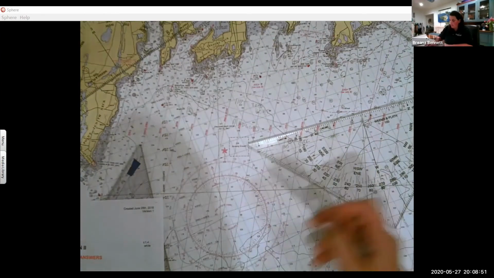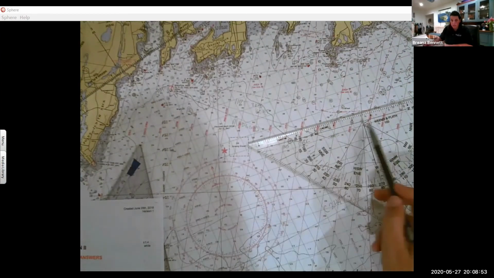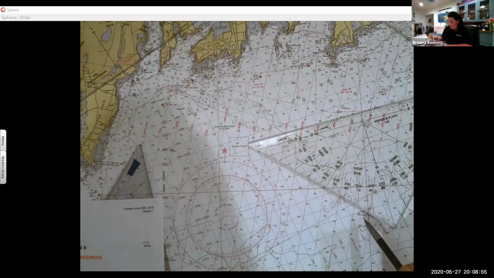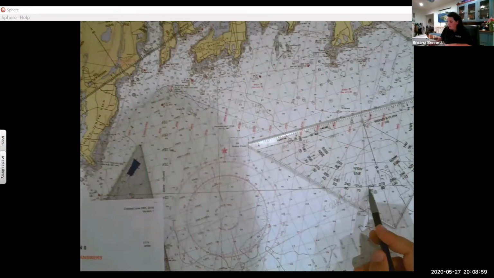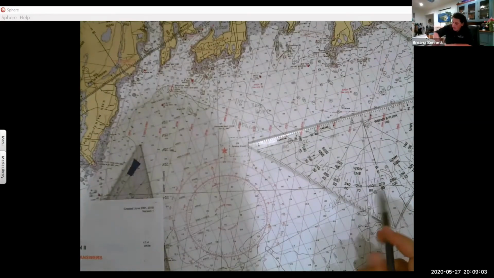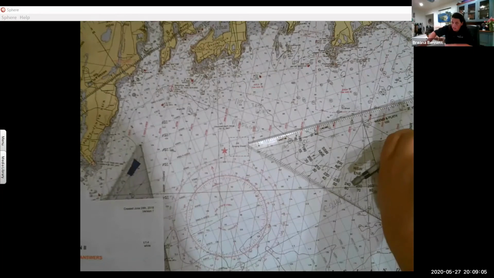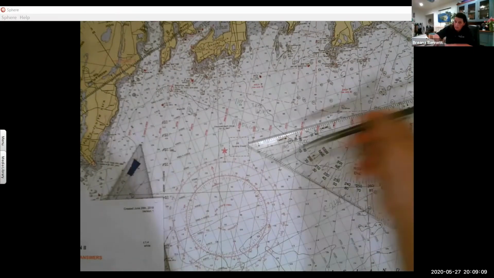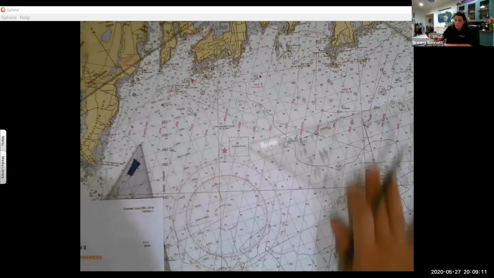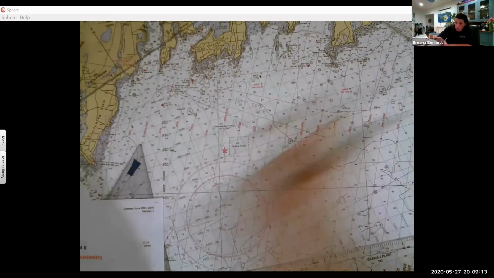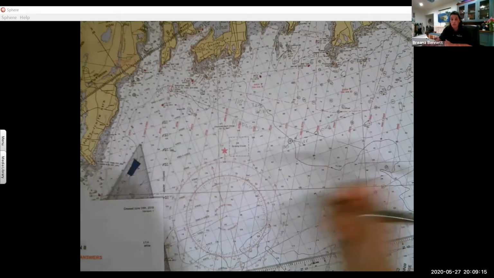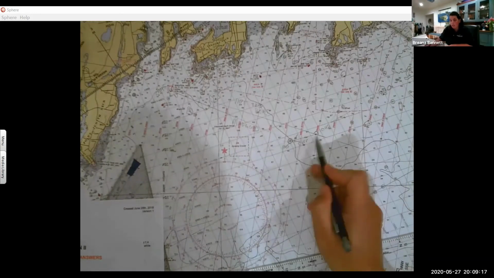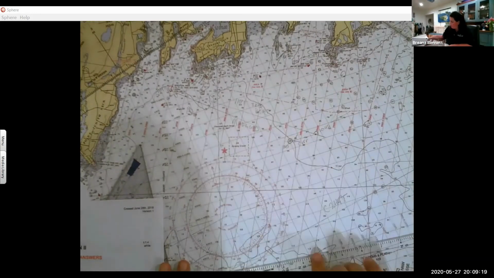So I line up my current, put it on the meridian, and down at the bottom, it could either be 257 or 077. Now 077 would be in this direction, 257 would be in this direction. So we always got to keep that in mind that it's going to. So we have 257 is the direction of the current.